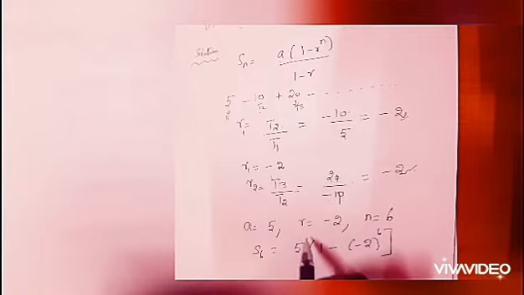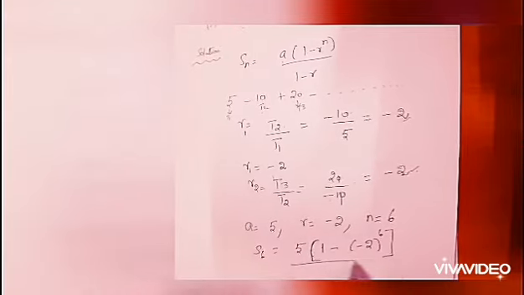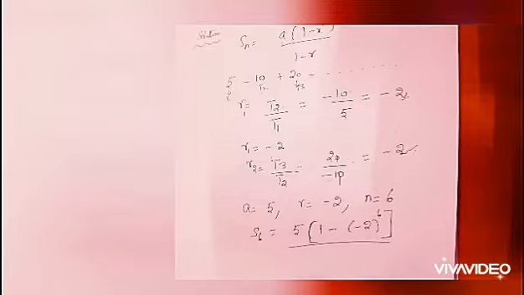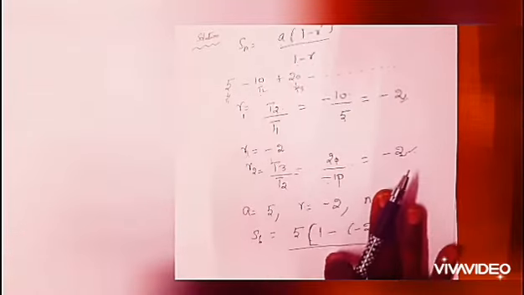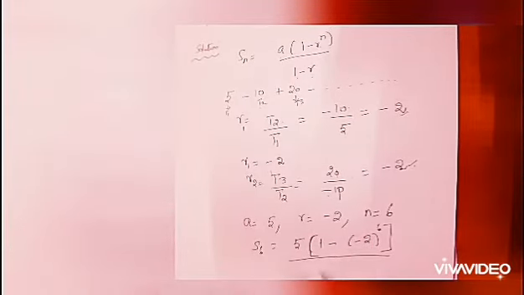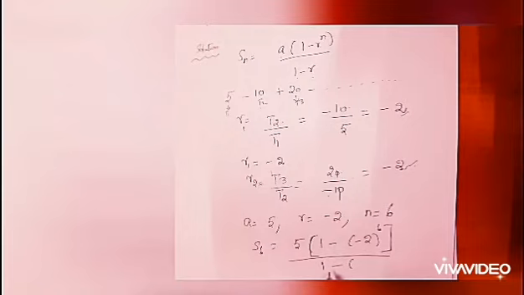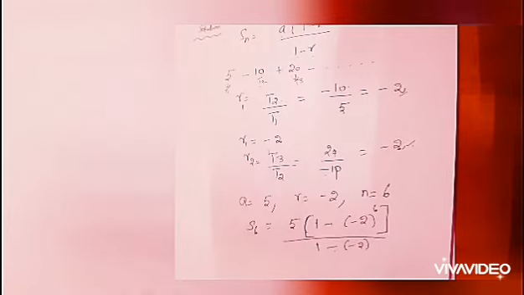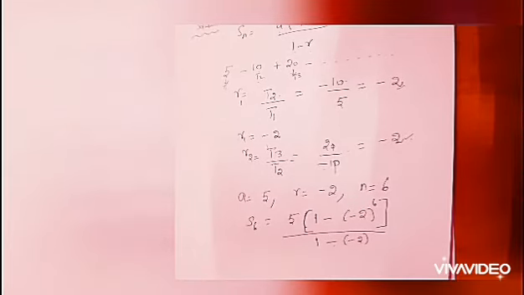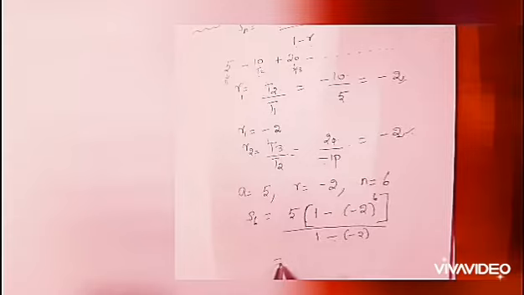So put it in a bracket. The whole term divided by 1 minus R. So it is 1 minus, what is R actually? Minus 2. Already I have minus. So 1 minus of minus 2. Have a look how we substituted. Don't get puzzled.